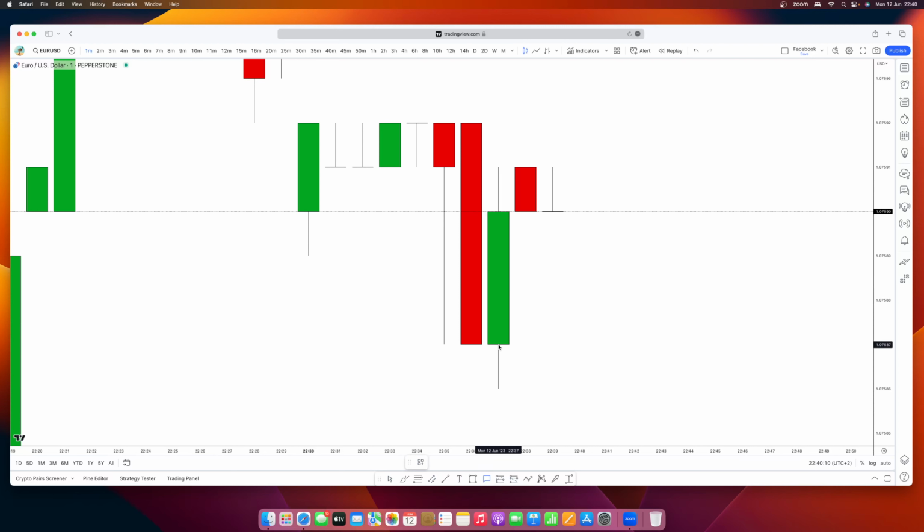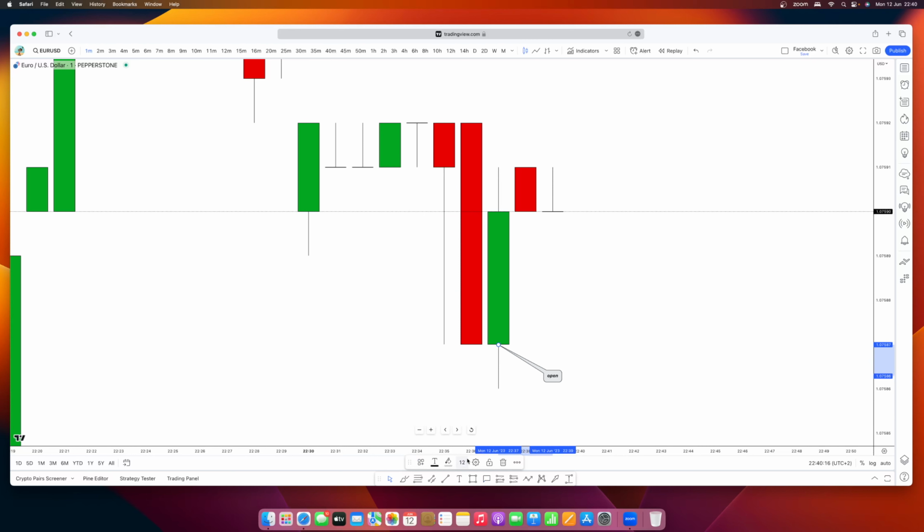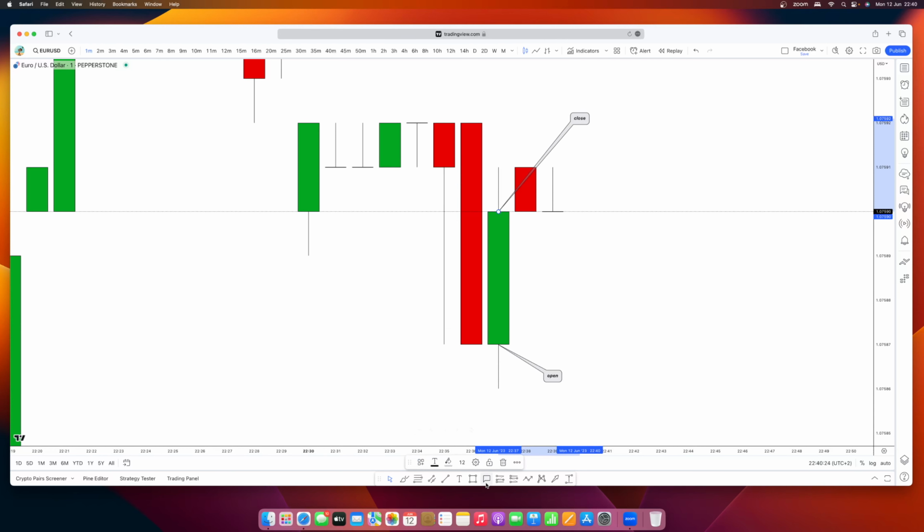So now this is going to be the open of the candle, right? That is the open. This is going to be the close of the candle. And where is the high and the low going to be? This is going to be the low of the candle.